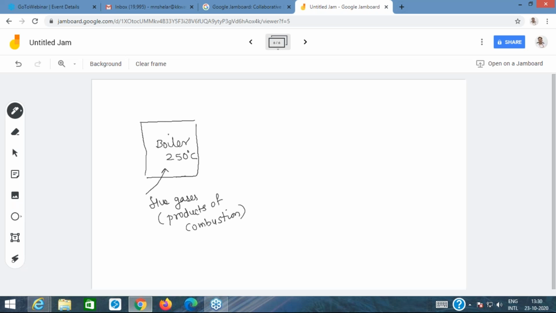Let us say that they are at 1100 degrees centigrade, and then they emerge out at some lower temperature, let us say 500 degrees centigrade. So now in this case, what is the source of heat? Let me ask you this question. In this diagram, what is the source of heat?